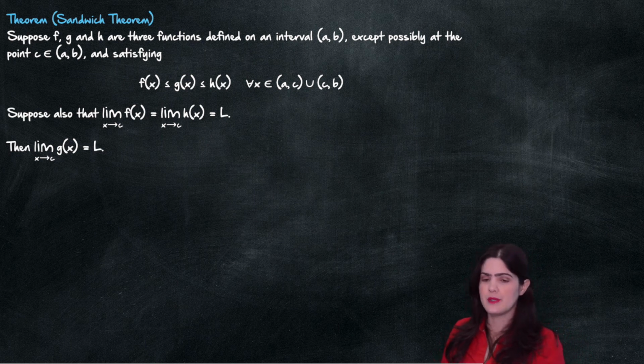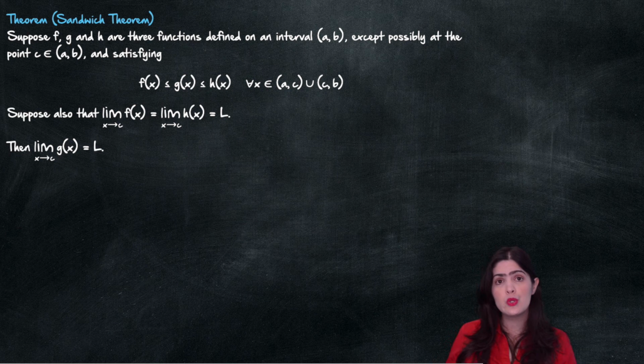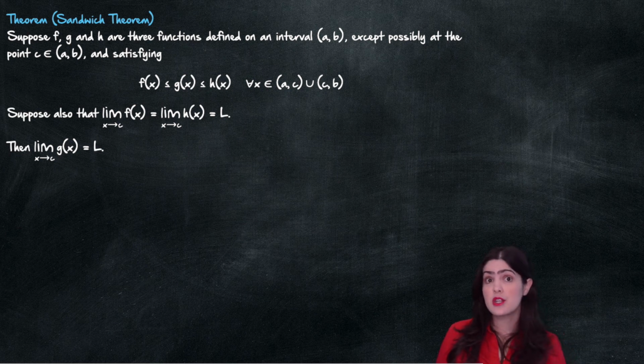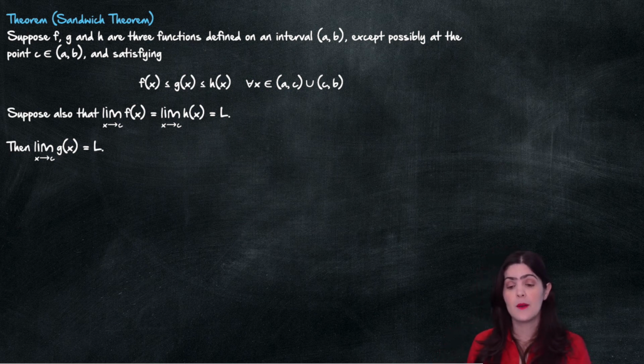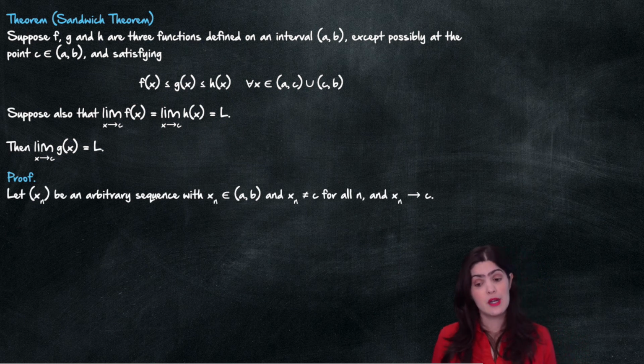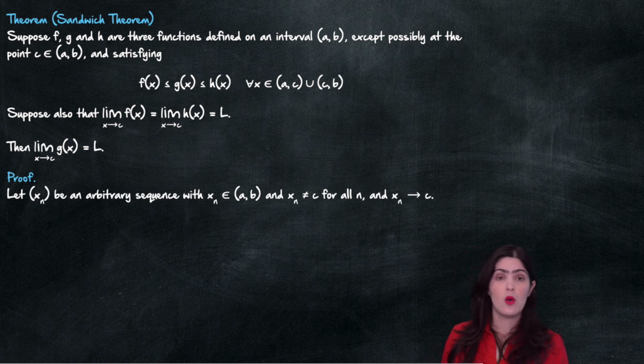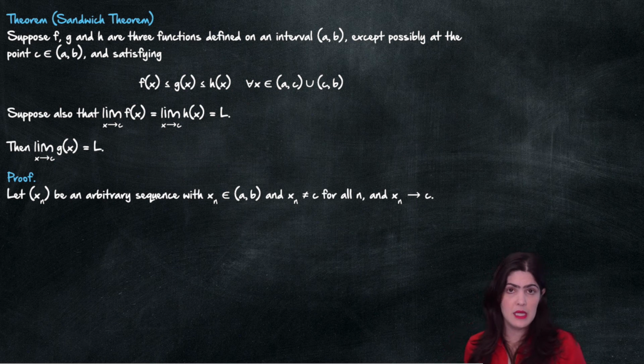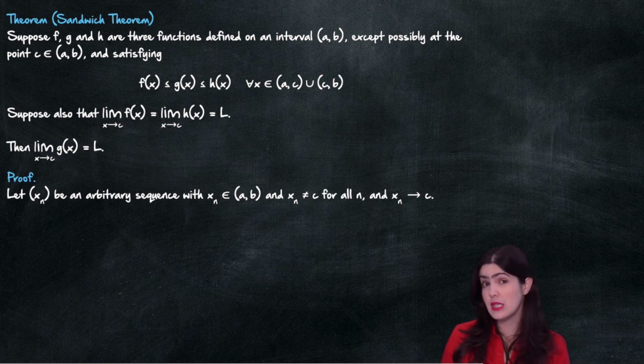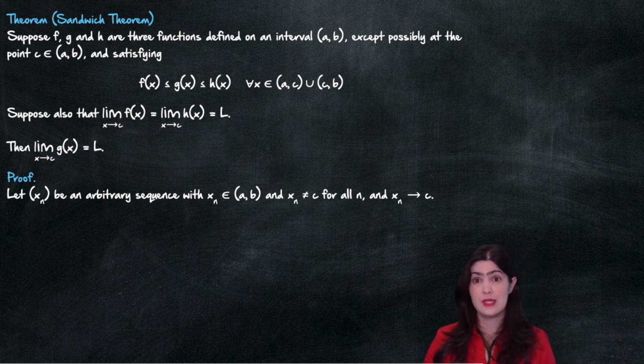So how can we prove this? Well, we want to use the characterization of limits via sequences. So we're going to pick an arbitrary sequence such that all the terms are in the interval (a, b), the xn's are not c, and xn converges to c.